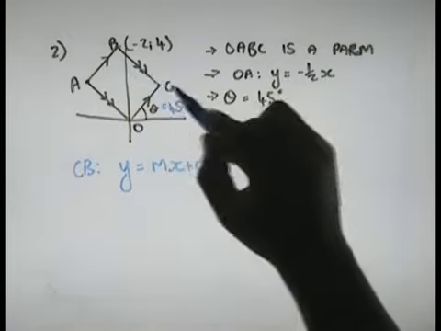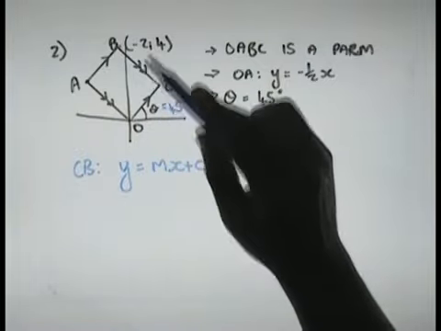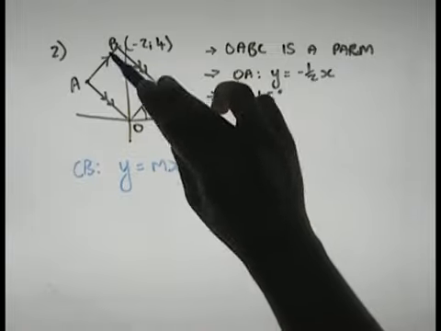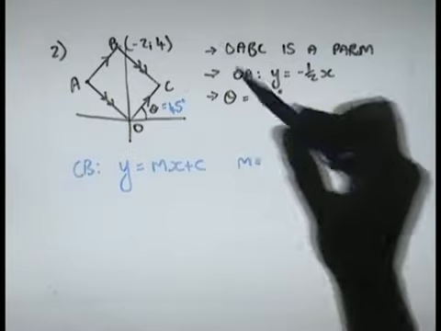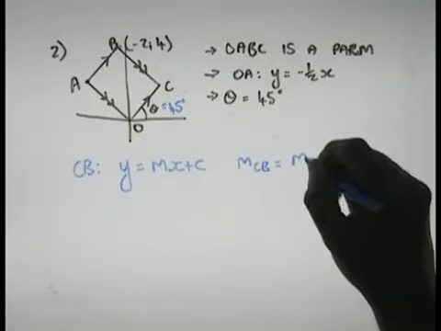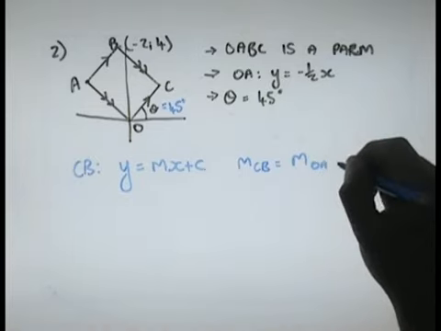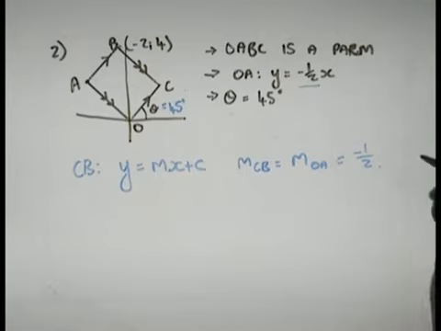We do not have 2 points in order to calculate our gradient from. However, we know that CB is parallel to OA, which means that the gradients have to be equal. The gradient of CB has to equal the gradient of OA, which is equal to negative 1 over 2.